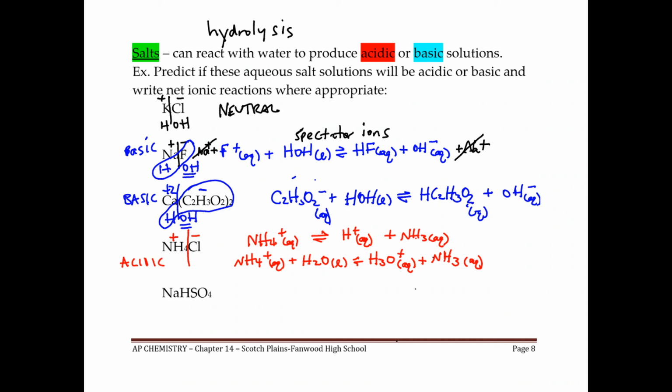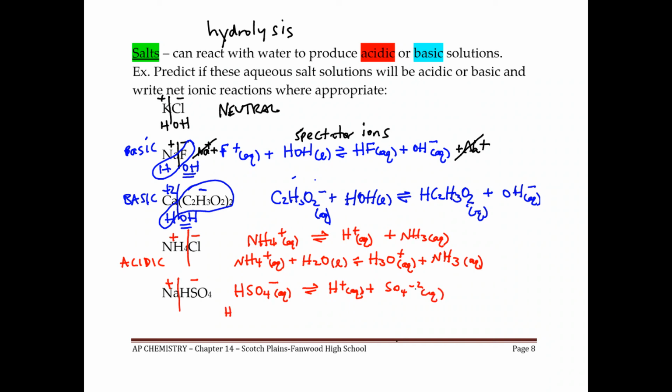And then lastly, we're going to look at NaHSO4. Again, this is going to break up into Na plus and HSO4 minus. First, check to see if there are any H pluses that can be given off. And you see that HSO4 minus does have an H to give off. This is the bisulfate ion. So this is going to be (aq). It can give up an H to make H plus and SO4 2 minus.